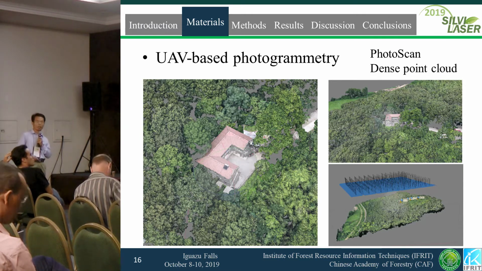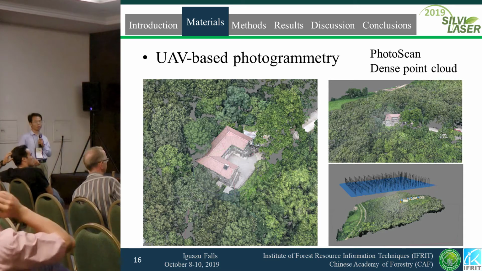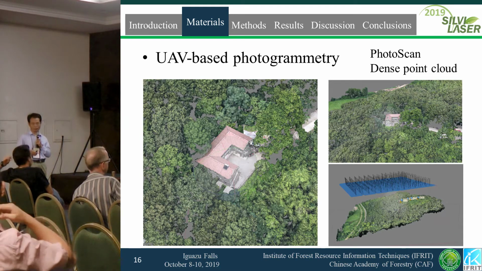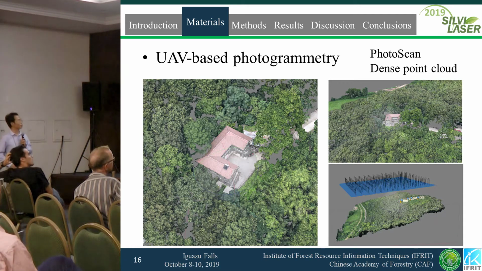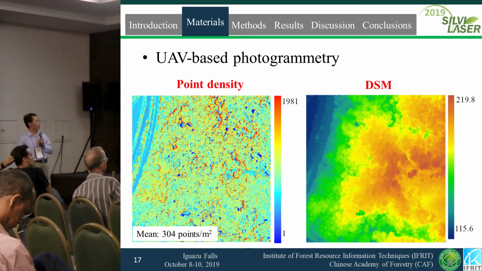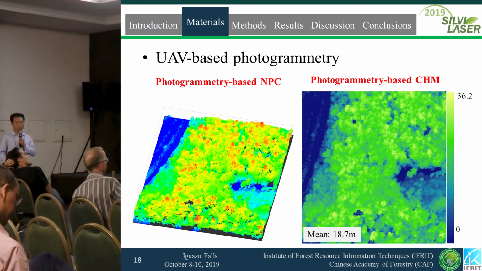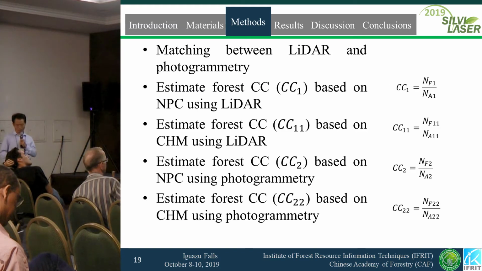It means that we keep most points and filter out very few. If you use aggressive, a lot of points will be filtered out. The point density is more than 300, and the points are used to generate the DSM. So here we generate the photogrammetry NPC and CHM using the LiDAR DTM, because the photogrammetry DTM is not correct.